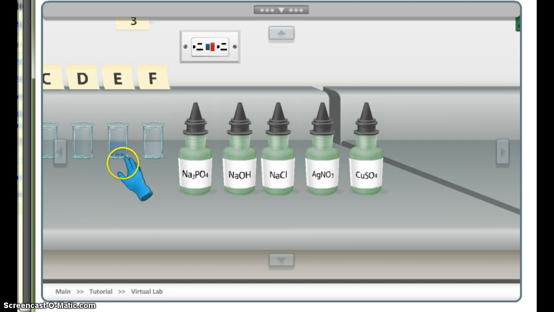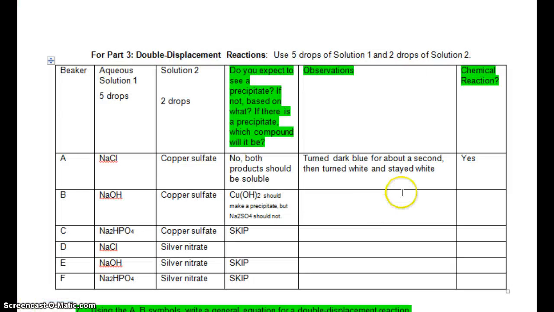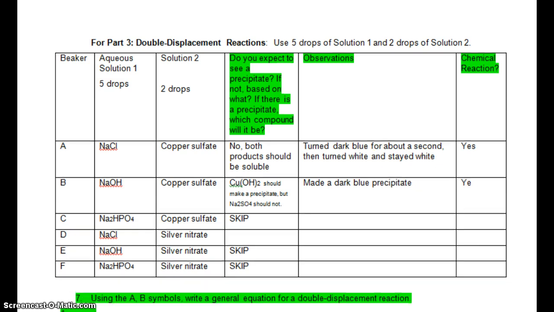And what color would you say the precipitate is? I would say it's like a dark blue, and the liquid is light blue. So we'll write that on here. So made a dark blue precipitate. Was it a chemical reaction? Yes, it was. All right, and we'll go to the next video now to finish this up.